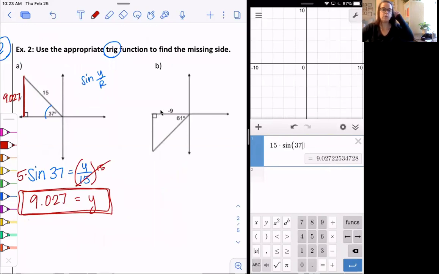Cool. I'm going to give you 1 minute. I want you to try this one on your own. You're finding y over there, finding y over here. Go ahead and try this one on your own. You're setting up the equation and then solving.